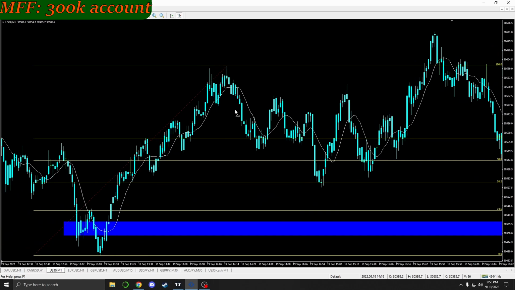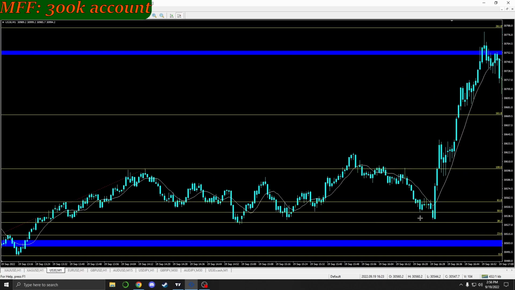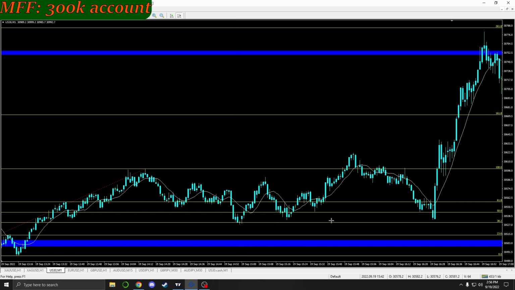So from here, it only takes 4 points to have a valid market structure. So from here, we can count this as 1, 2, 3, 4.